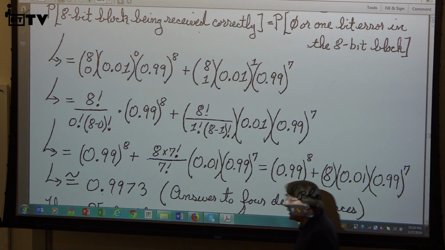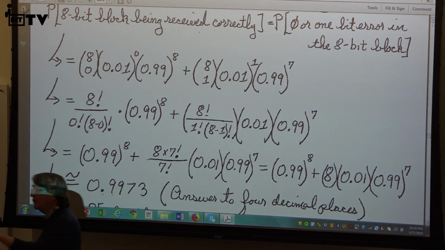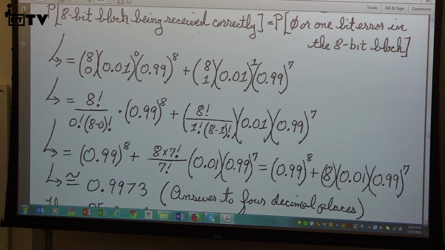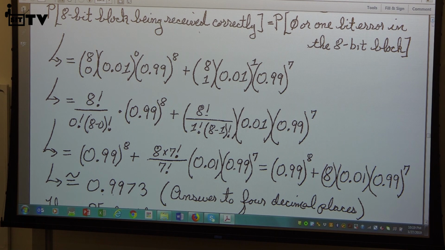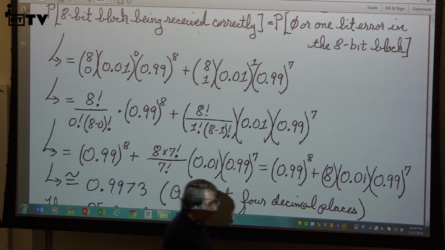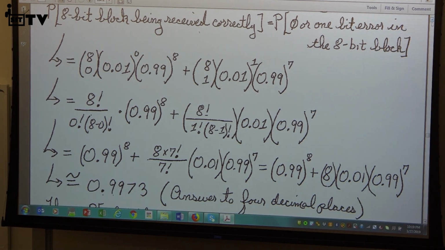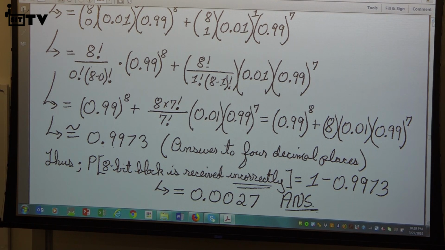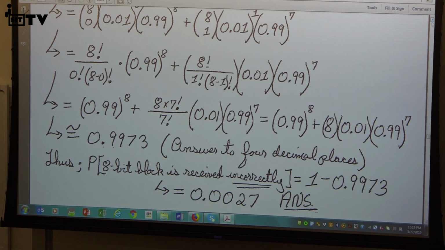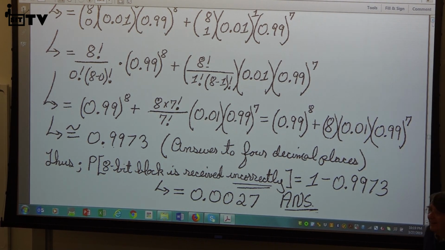That's the probability of the block being received correctly. What's the probability of it not being received correctly? 1 minus. That's the answer. Binomial problem done.